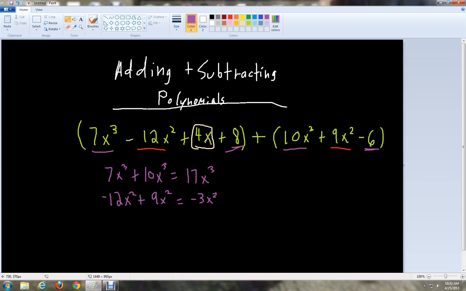And then the 4x, that stays by itself. So we'll add that in to the answer. And then we just have 8 plus negative 6, or that's 8 minus 6 equals 2.